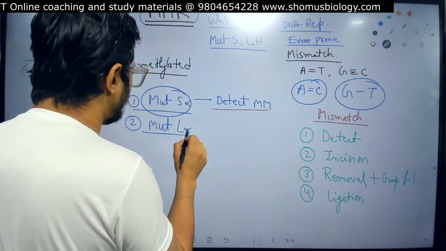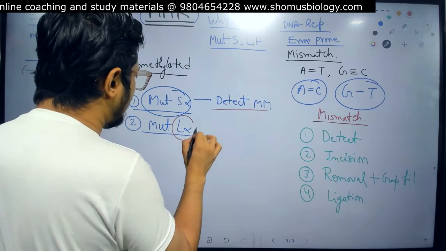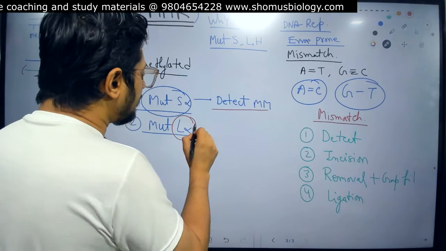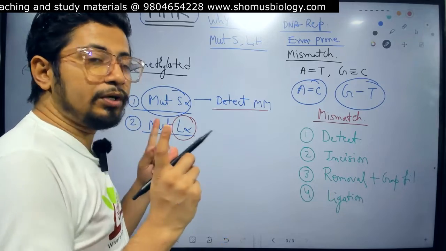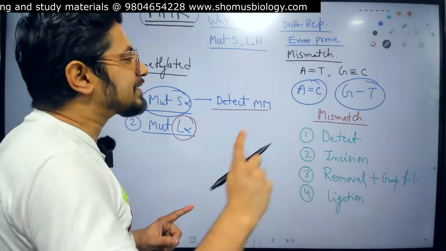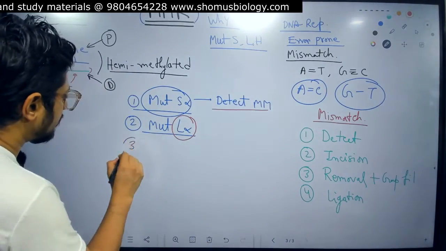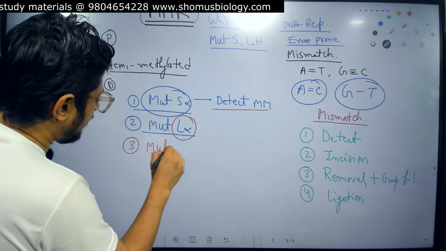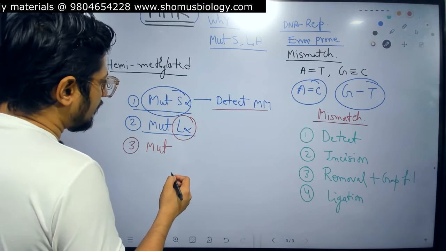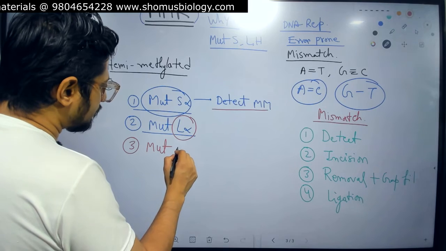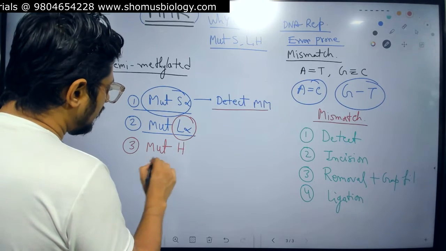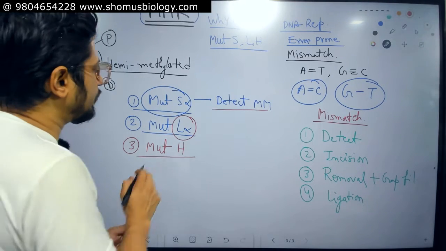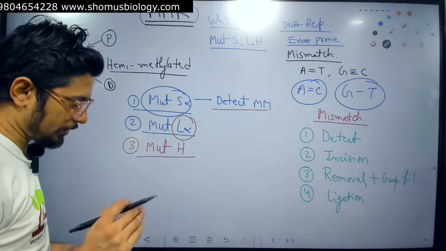Once the error is found, MutL is applied, and MutL's job is to recruit and escort the further endonuclease activities performed by MutH. So it's not an endonuclease, actually MutL and MutH have separate roles to play.